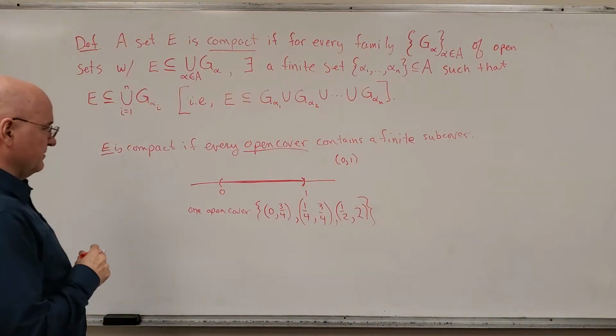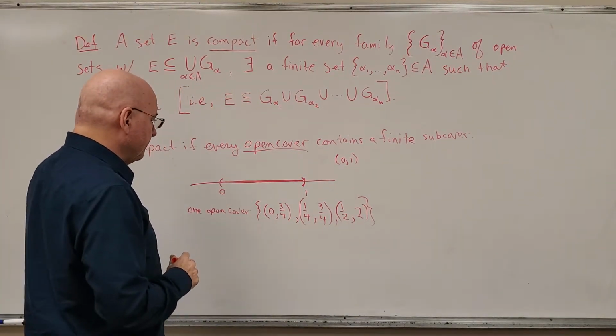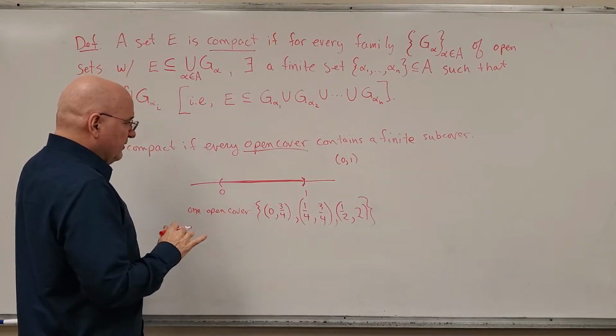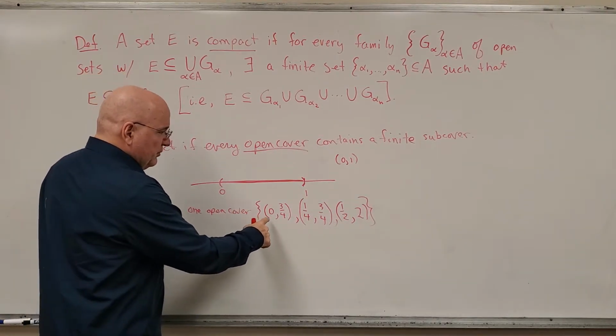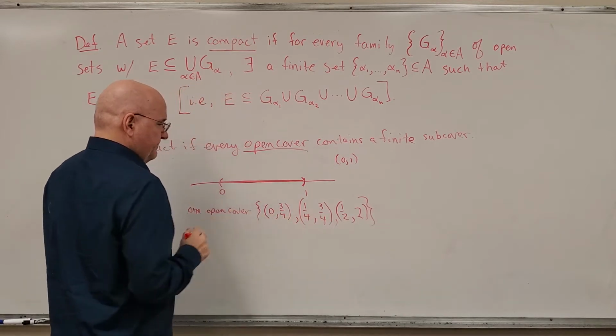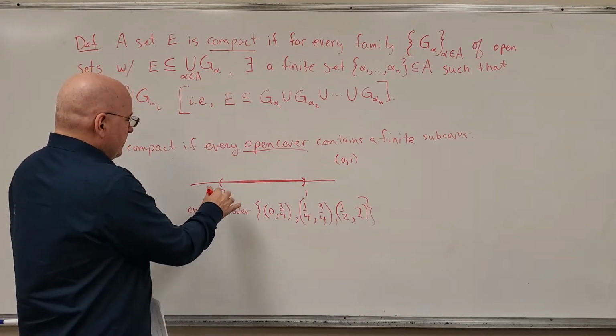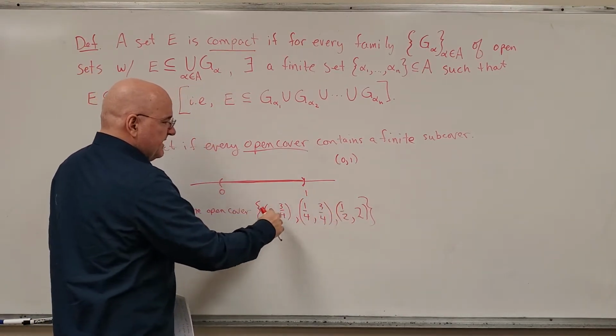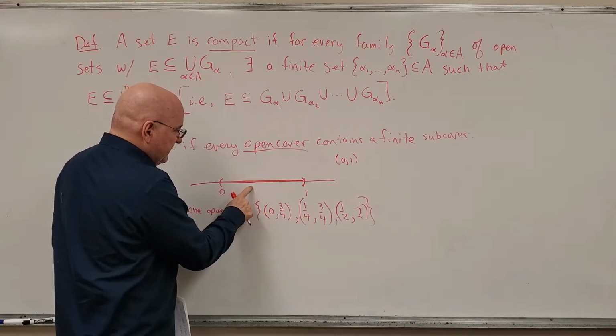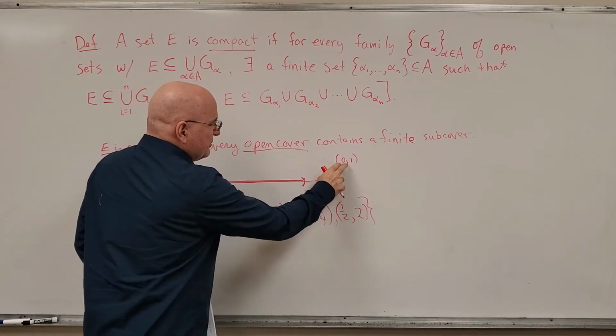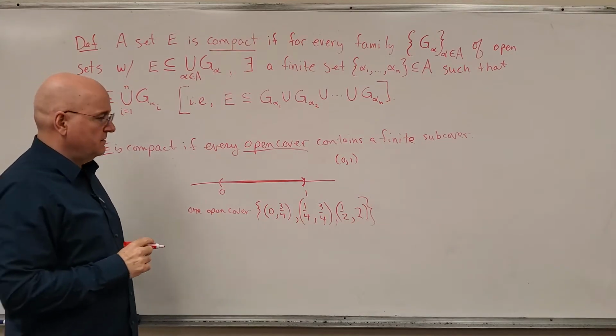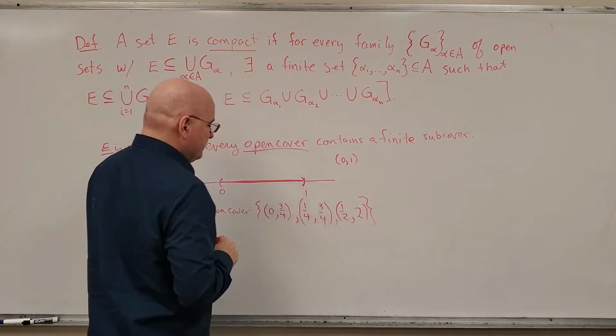Okay, sorry, I wrote those different sizes, it looks like. All right, well, hopefully you'll all agree that if I union these three sets together, that union of these three sets would contain this. In other words, the interval from 0 to 1 is a subset of the union of these three sets.